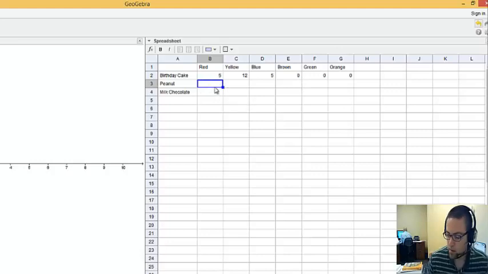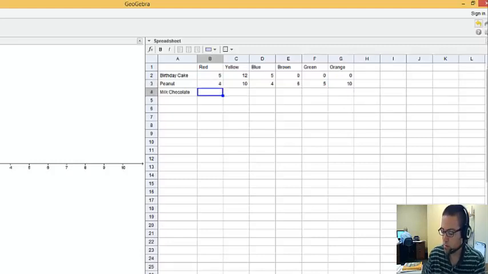Peanut M&Ms. So peanut M&Ms, I put down, let's see, red, 4, yellow, 10, blue, 4, brown, 6, green, 5, and orange, 10. And finally, milk chocolate, which is probably the most M&Ms in that case.